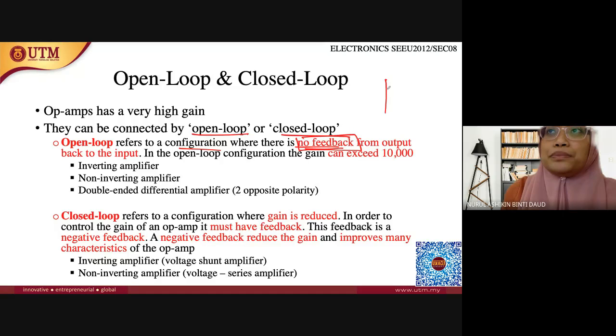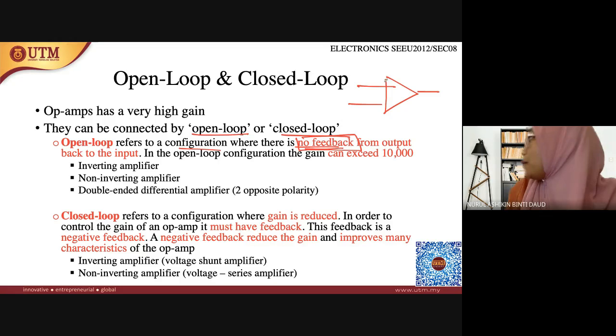So it means that there is no connection here. The output is not connected to the input. It is separate. So the connection of this op amp is in an open loop configuration. In open loop configuration, the gain can exceed 10,000 and more. It makes the gain here very large, because of the open loop configuration.